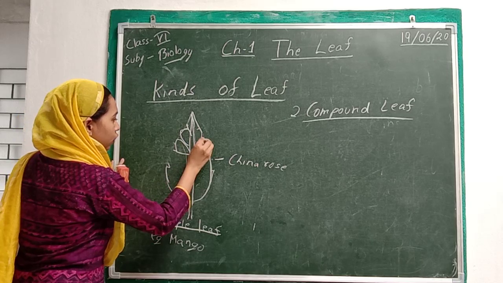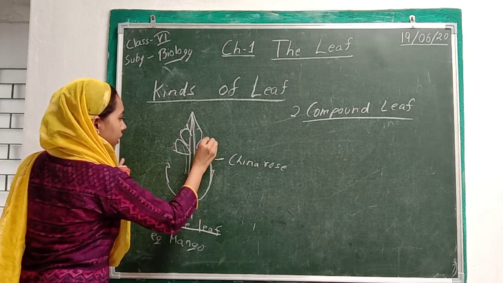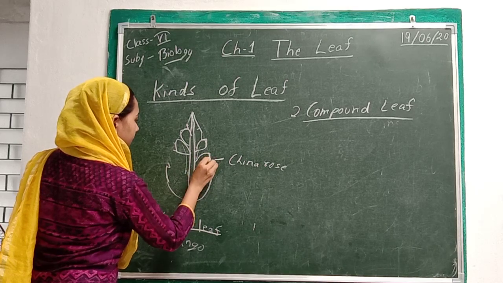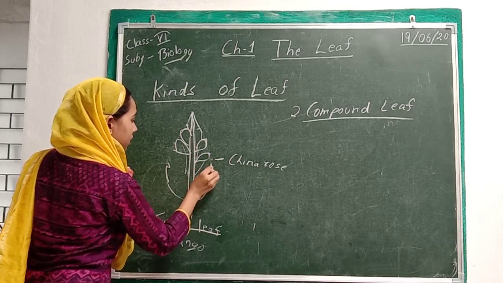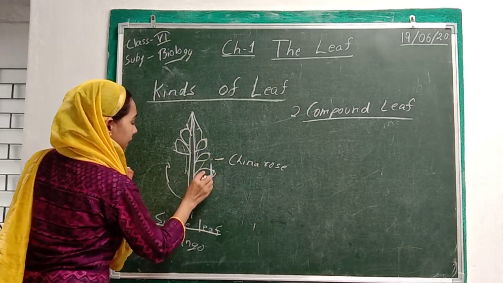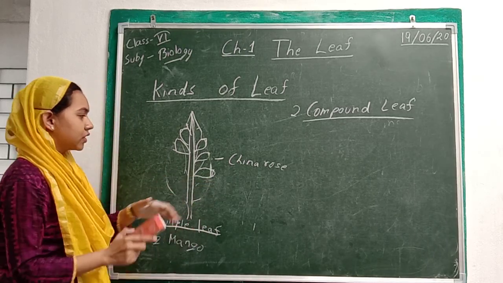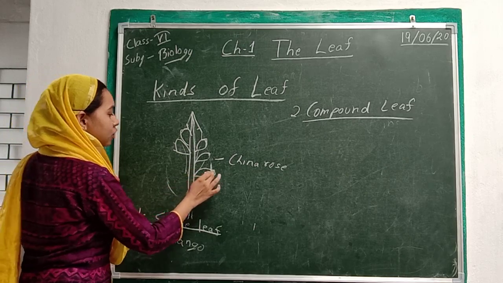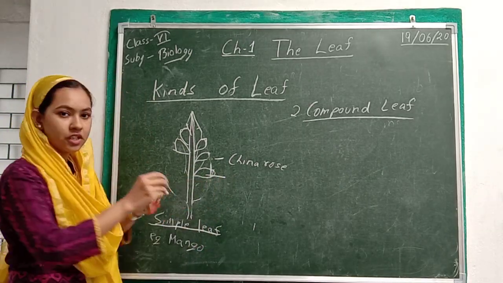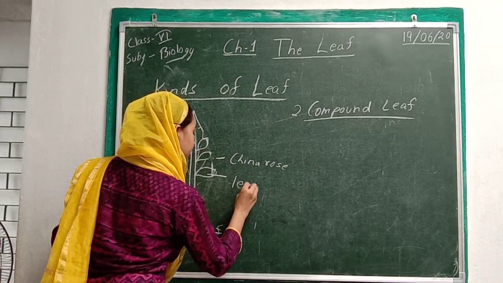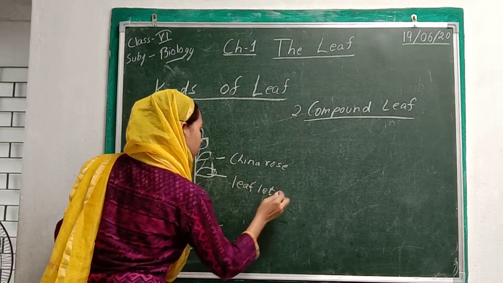The cuts here will go deep up to the midvein, alright. So you can see that it can become like this. That means the leaf is being divided into smaller parts, and these smaller parts also start appearing like leaves, okay. But this is not the leaf. These smaller parts in which the entire leaf is being divided are known as leaflets.